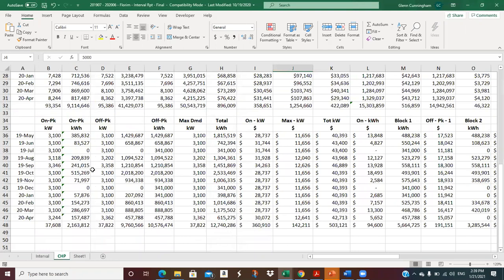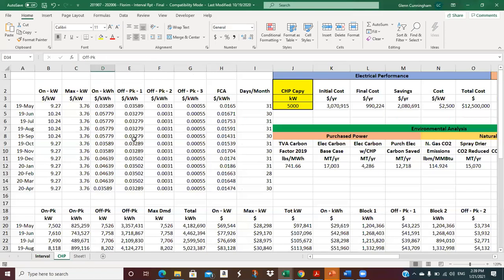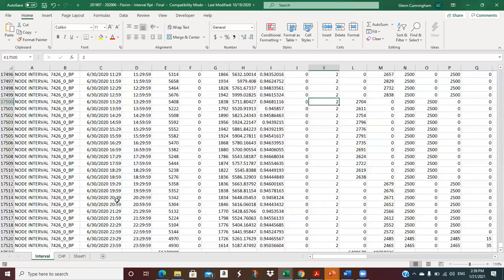What's interesting here, when you get down, this is their recalculated bill. For example, you see all these 3100s, 3100, 3100, 3100. That's an off-peak demand. That's their minimum bill showing up, because this refers back over here where I have all of these demands, the 30-minute demand information.